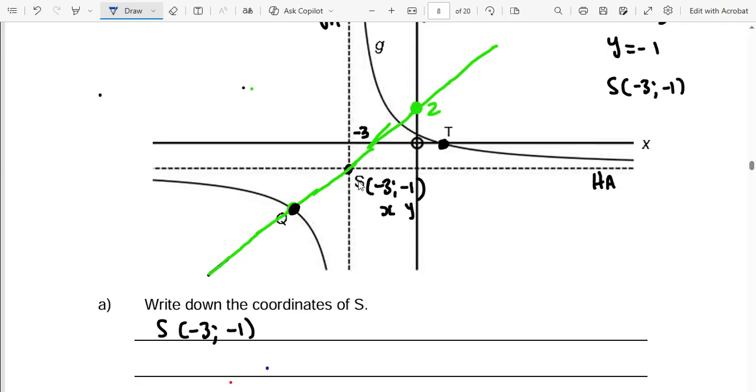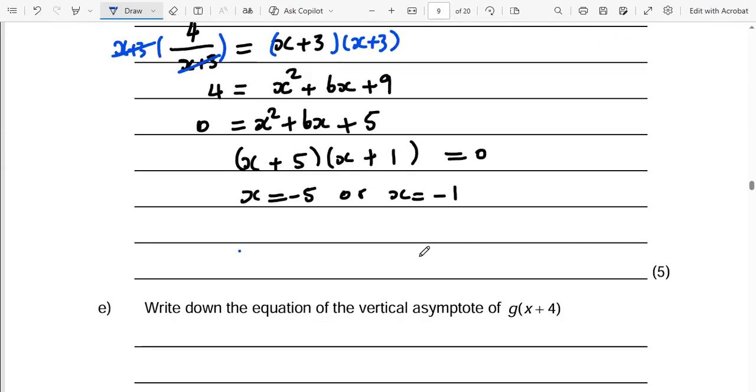If I look at this, already this is minus 3. Meaning that the value of q can never be greater than minus 3. It should be less than minus 3, so minus 5 will be the correct one. Then minus 1 is somewhere there. So minus 5 is the correct one. That's the x value of q.